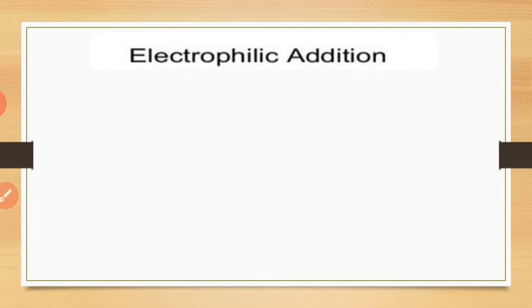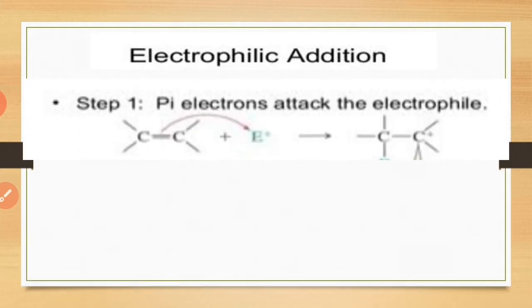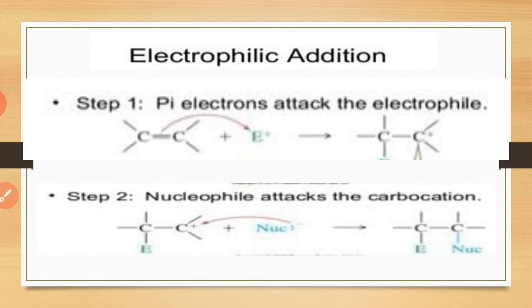In the first stage, the charge present on the electrophile is attracted towards the electron density of the double bond, and as the electrophile approaches the double bond, the pi bond breaks, and one atom of the electrophile bonds to the carbon atom, forming the carbocation, that is the positively charged carbon atom, and leaving its other atom with a lone pair of electrons.